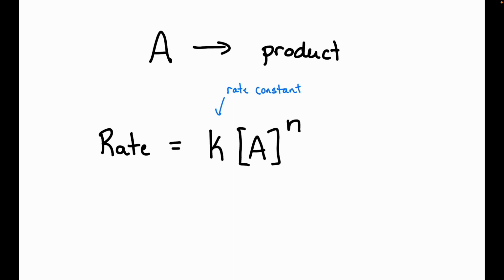And this is going to be our focus for the rest of the class here. This is what's called the order of the reaction. For our purposes, n is always going to have one of three values.